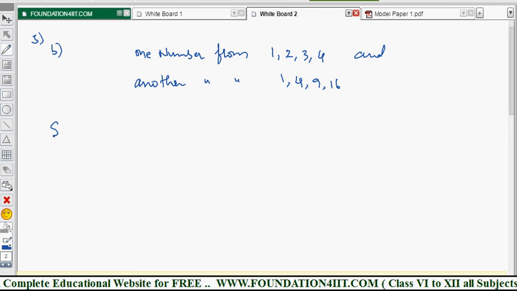So if you take the sample space randomly, the first number can be 1 and the second again 1. Again 2, 1, where the first number is 2. Take every number and alternately you can take this. And 3, 1 and 4, 1. Similarly, next 2, 1 and again 2, 4.